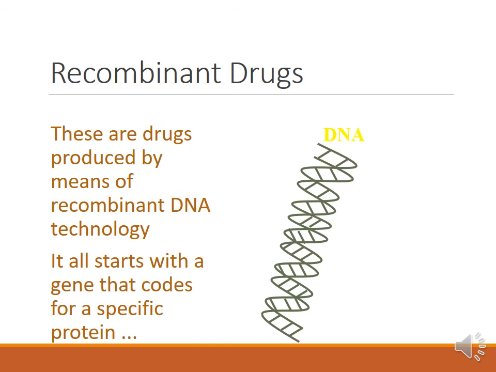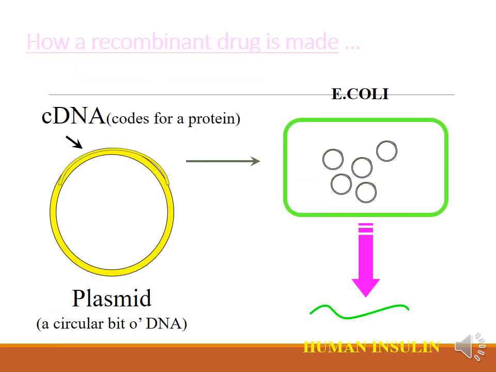It all starts with a gene that codes for a specific protein. ठीक है, एक फंक्शन है बॉडी का, उसके लिए एक स्पेसिफिक प्रोटीन है, जेनेटिक कोड है, वहां से हम वो कोड लेंगे और अपना काम शुरू करेंगे. So we are taking the code and using it and then reproducing human insulin from that code.